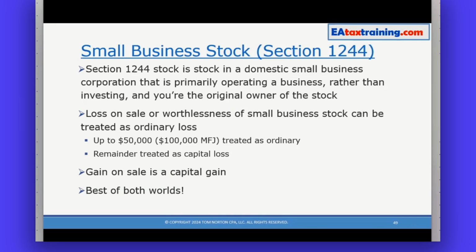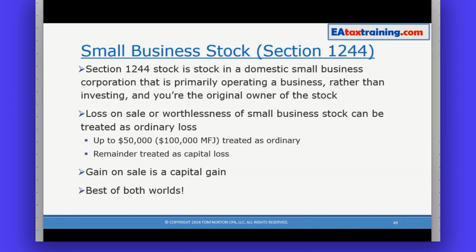But what we're saying here is for this specific type of Section 1244 stock, you can treat much of that loss as an ordinary loss. You can treat up to $50,000 of your loss on that stock as ordinary, or $100,000 if you are married filing jointly. Any remainder, so if your loss is greater than that, then the remainder would be treated as a capital loss.